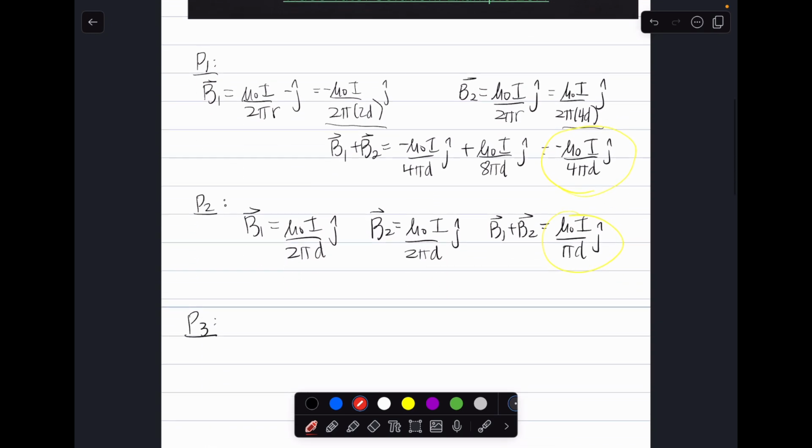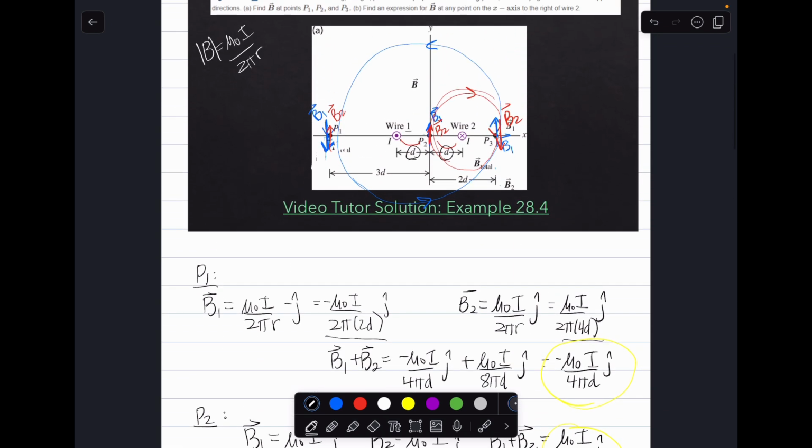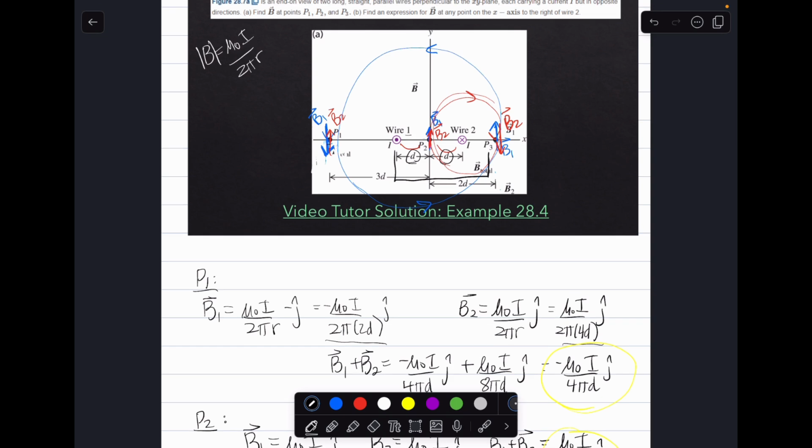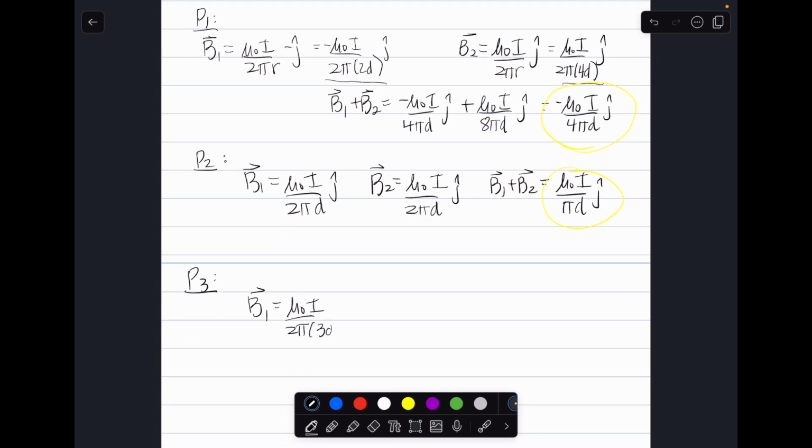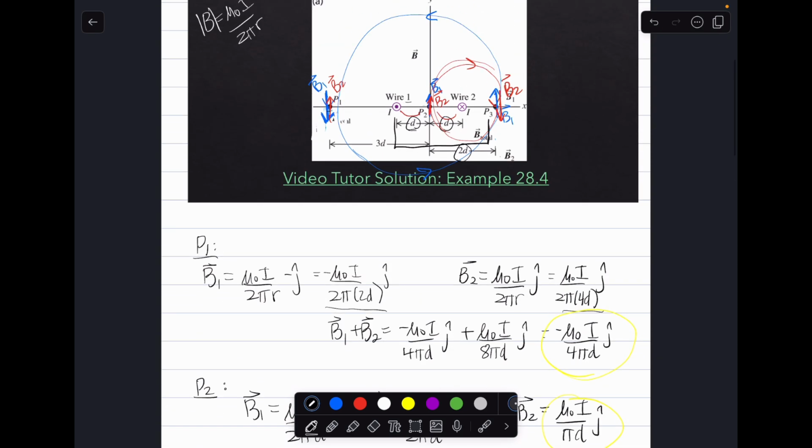Let's write their magnitudes down. Mu naught I over 2 pi, distance from wire 1 to P3. This is the distance here. Looks like it's 2D plus D, which is 3D. And then was it up or down?